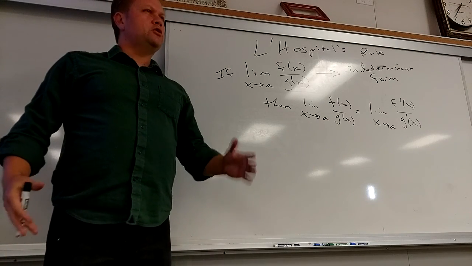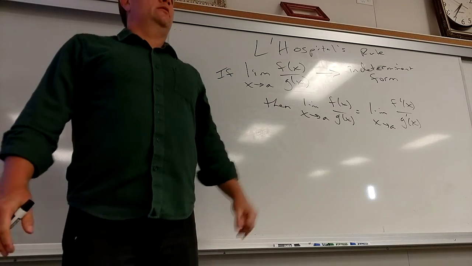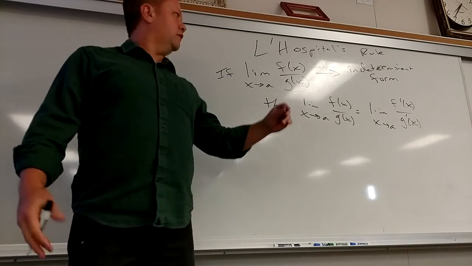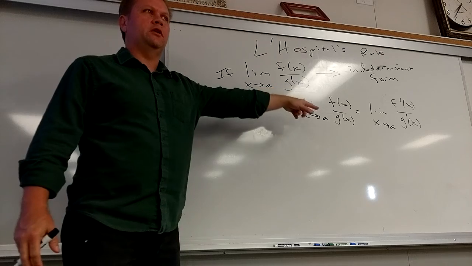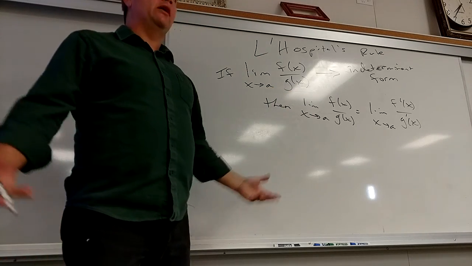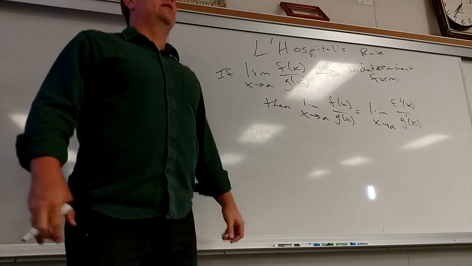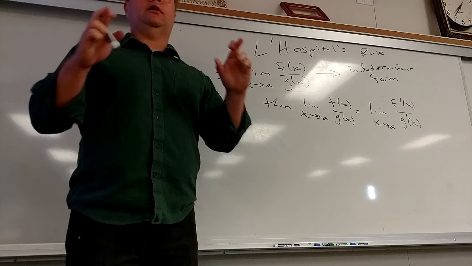And I showed you how that has to do with local linearity. Now obviously this assumes the functions are differentiable. If the functions are not differentiable, then it's pretty obvious this isn't going to work. Okay, I like it.